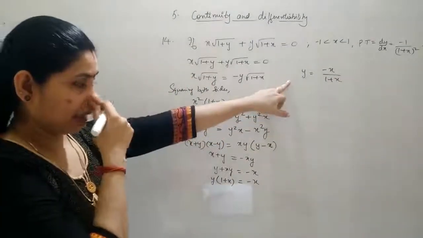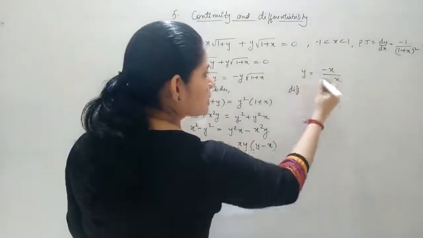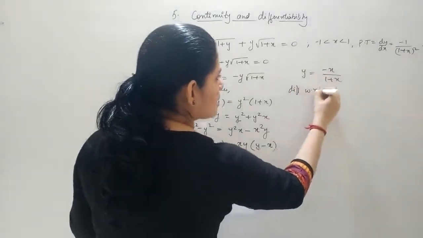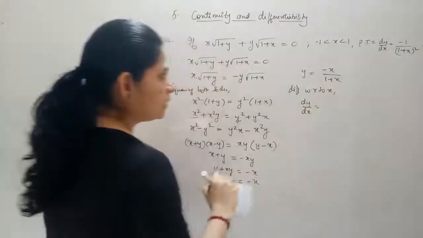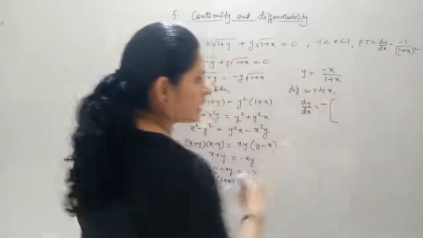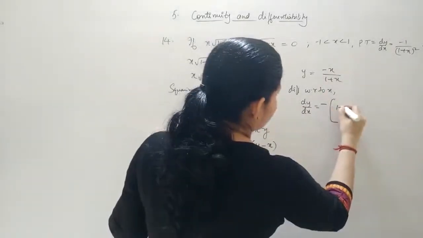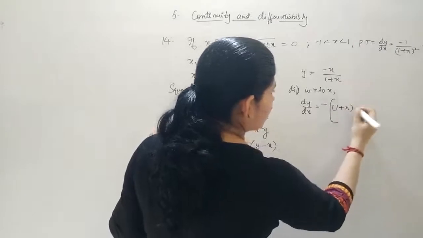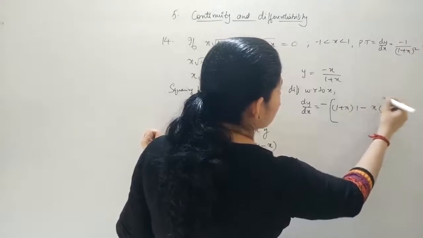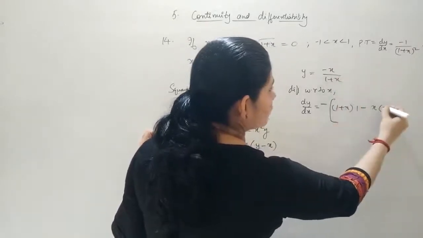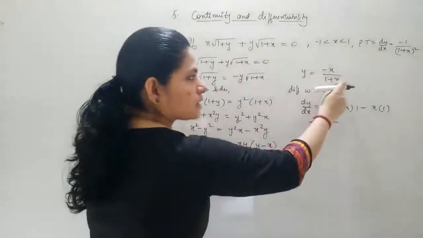Okay, now you can just differentiate both sides with respect to x, because it is in the form y equal to f of x. Differentiate with respect to x on both sides, you will get dy by dx is equal to, you can use quotient rule, negative can be taken out, x into derivative, sorry, y into derivative of x will give you 1 minus x into derivative of this will give you again 1, right? 1 plus 1 will give you 0 as a derivative and this will give you 1.